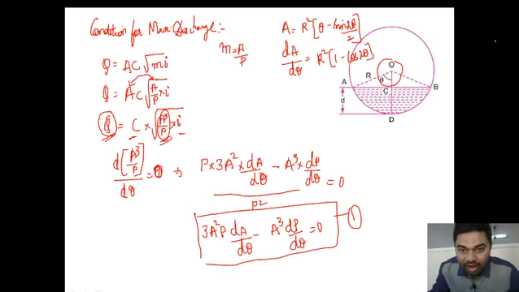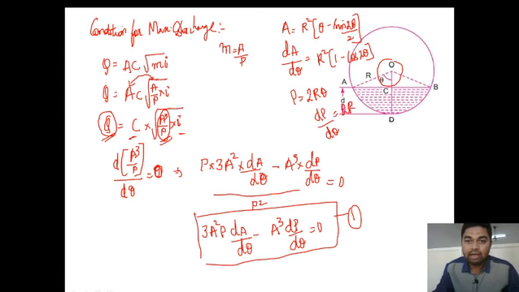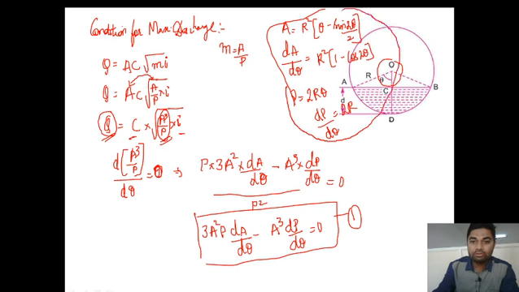And we know that the value of P is 2r theta, and dP by d theta is 2r. Substitute all these values in equation 1.